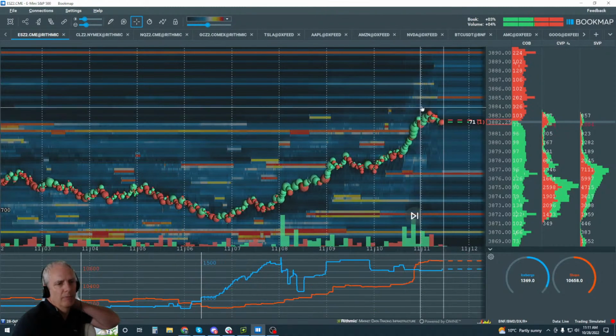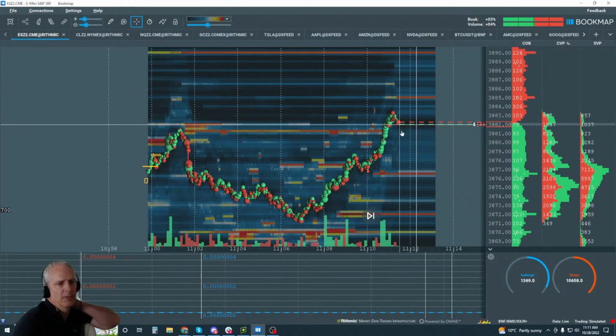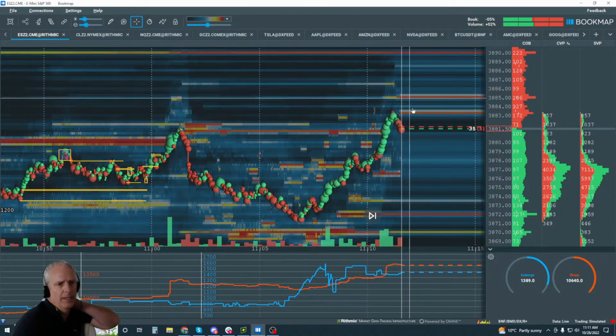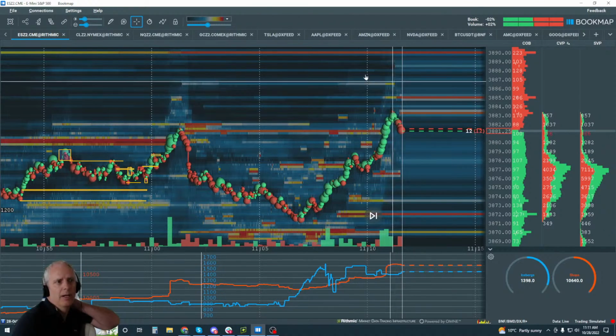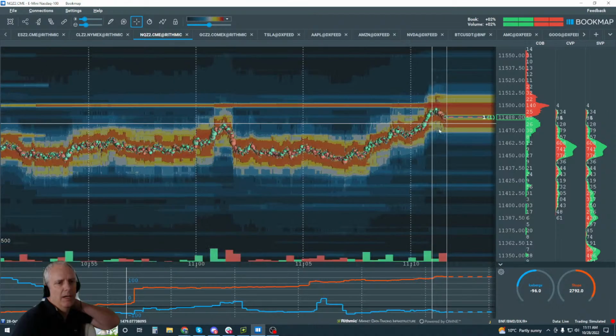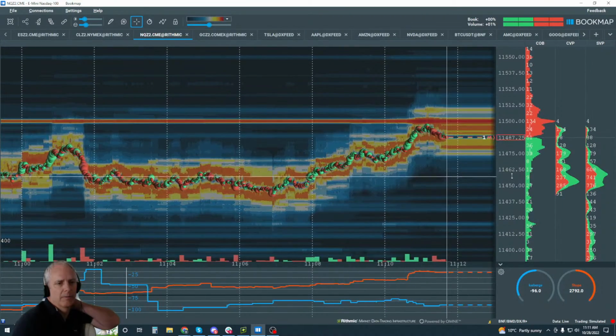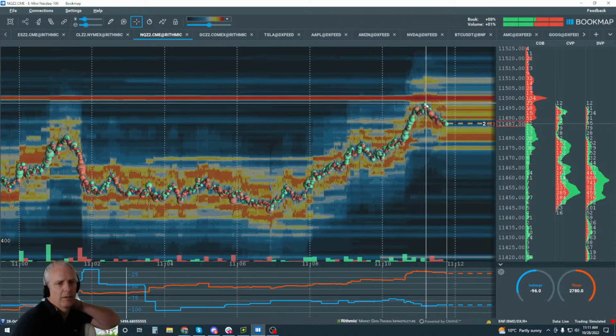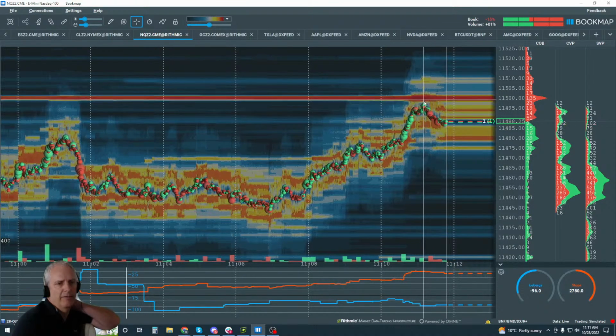So then we would be looking for this to test back up into the high of the day, and maybe we can even break higher. The beauty of this was we also had the Nasdaq following suit. It's just shy of the 11,500 figure.